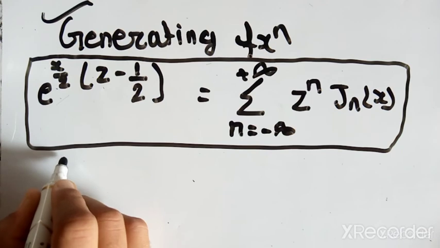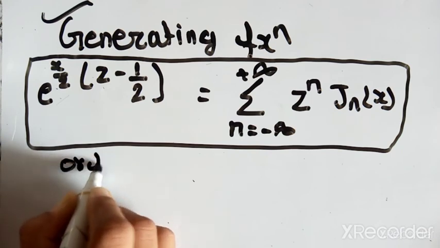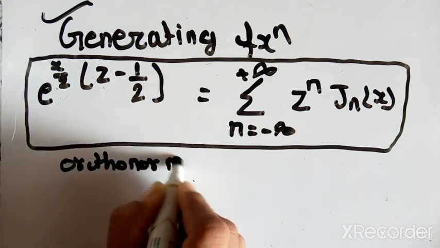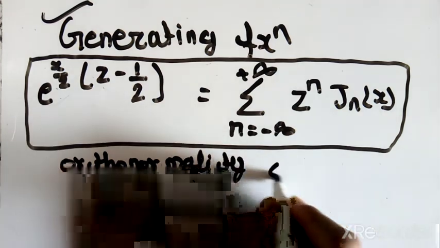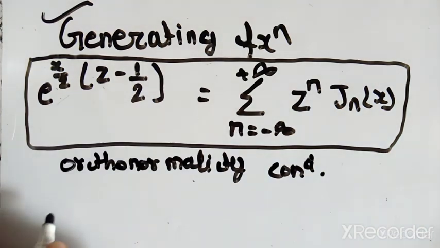Next point is the orthonormality condition. We covered the Legendre equation's conditions, so you have an idea about these.